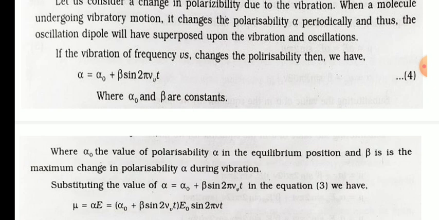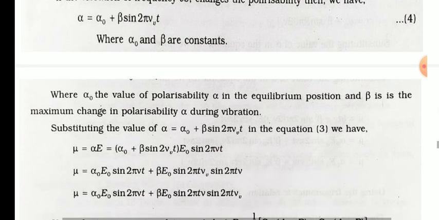We have mu is equal to alpha E, and that is equal to alpha naught plus beta sine 2 pi nu V t, times E naught sine 2 pi nu t.